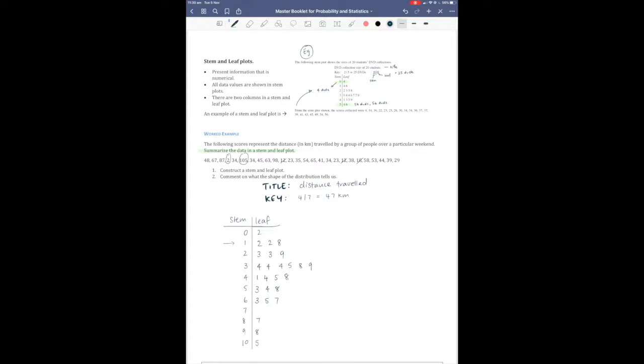The second question says to comment on what the shape tells us about the distribution. So what you need to think about is that the distribution of data in a stem and leaf plot is either normal or symmetrical. So I'll just write that here.